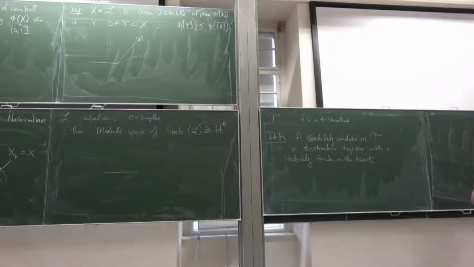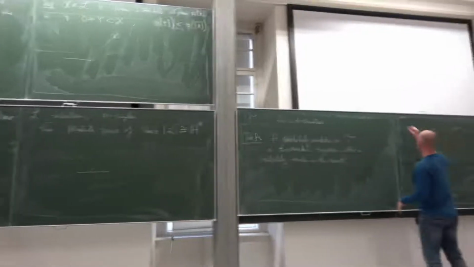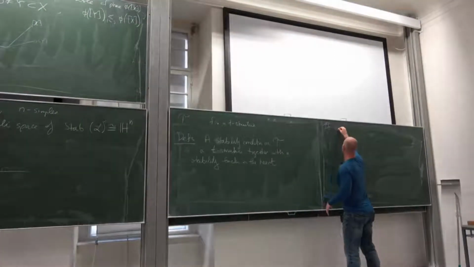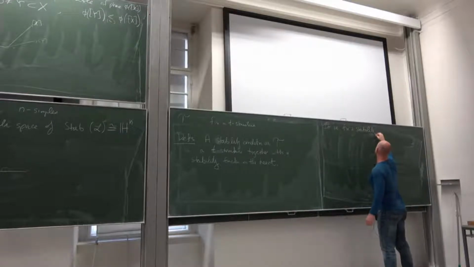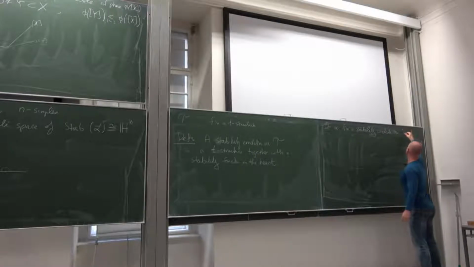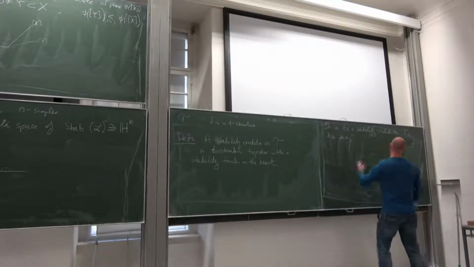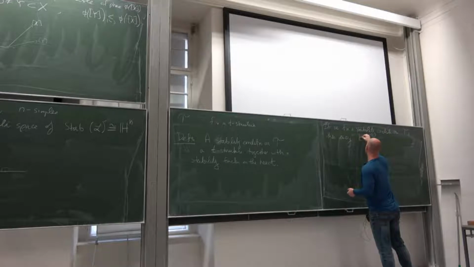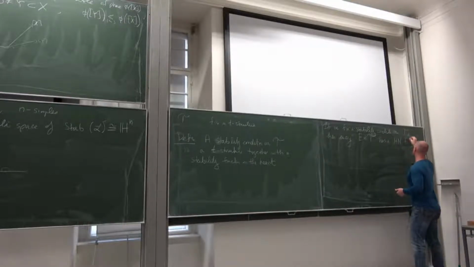So there are two important points to note here. If we fix a stability condition on T, then this is one of the important points: every object in T has a Harder-Narasimhan filtration.